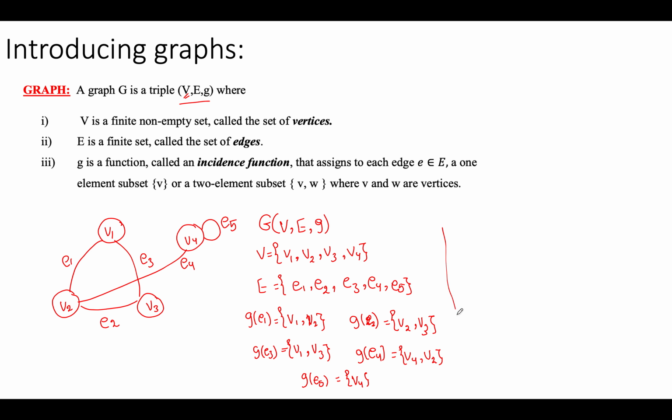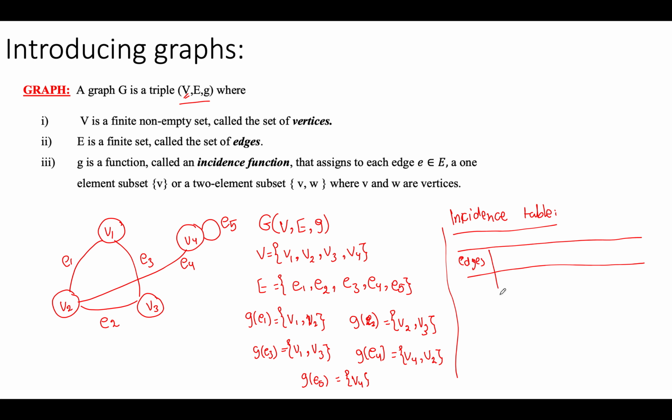All right. Another way we use to express the incidence function is using the incidence table. For an incidence table, we first need to list our edges. Here we have E1, E2, E3, E4, and E5.